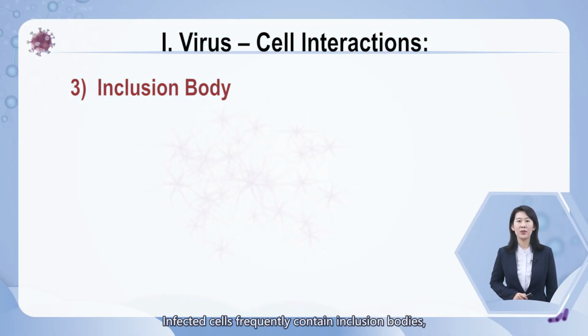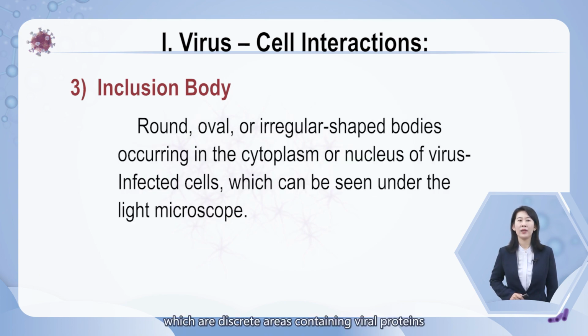Infected cells frequently contain inclusion bodies, which are discrete areas containing viral proteins or viral particles. They have a characteristic intranuclear or intracytoplasmic location and appearance, depending on the virus. The inclusion body can be seen under the light microscope.